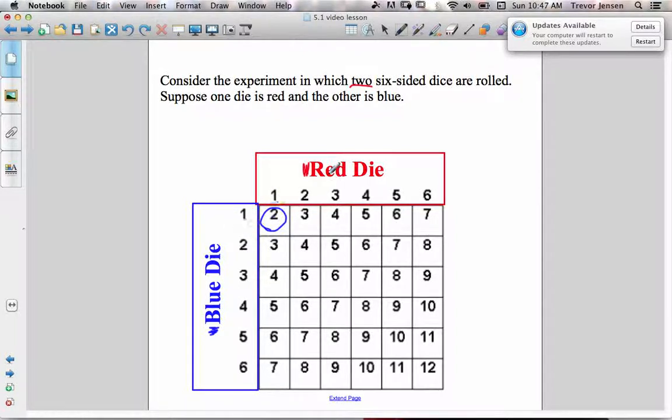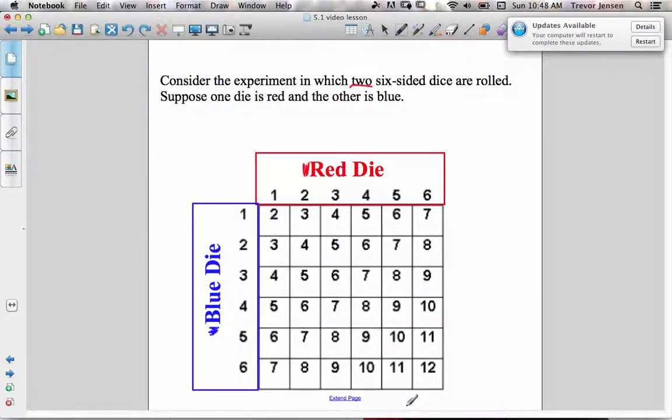And the highest possible sum is 12, if you rolled a 6 and a 6. And we could have anything in between: a 2, a 3, a 4, 5, 6, 7, 8, 9, 10, 11, or 12. Any of those outcomes are possible, so those are all the values for this discrete random variable, the sum of the two dice.